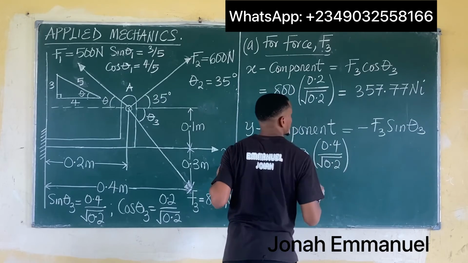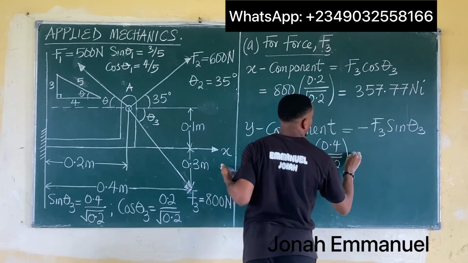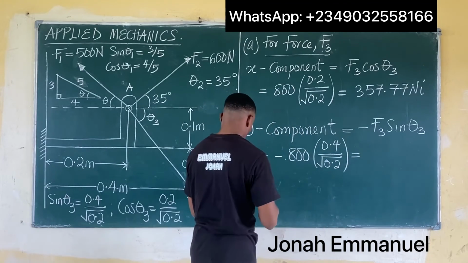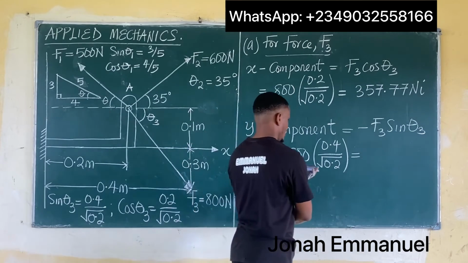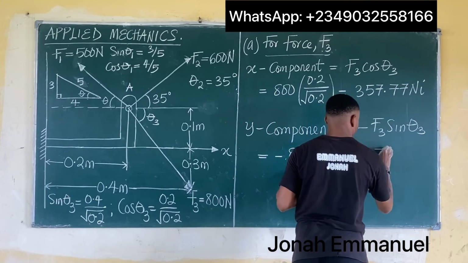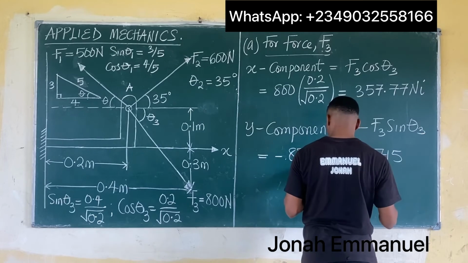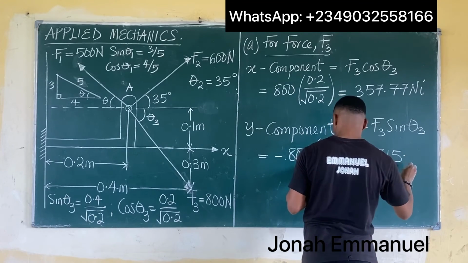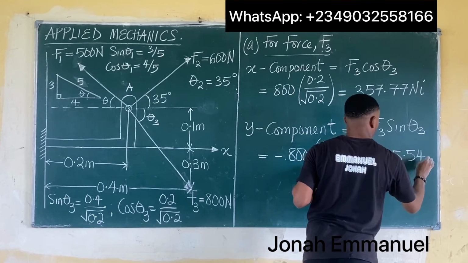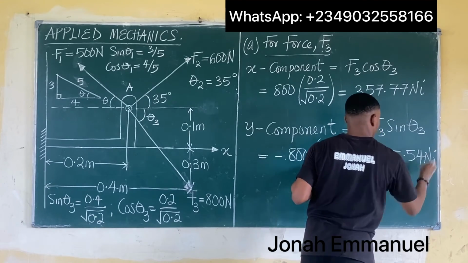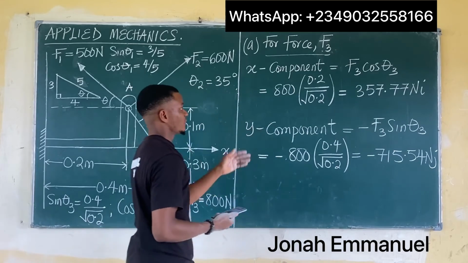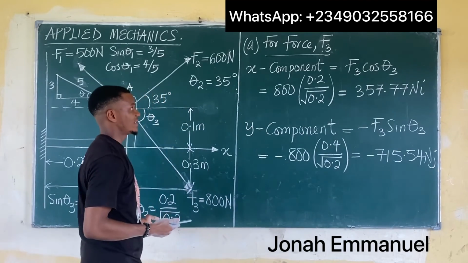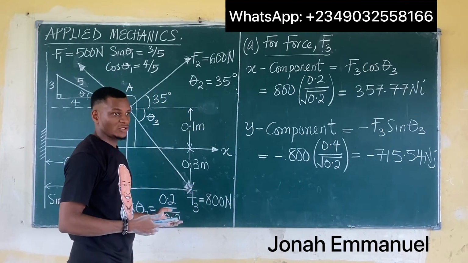That gives you minus 715.54 Newton J. Alright, so this is how we get the x and y component for each force. We're done with this.